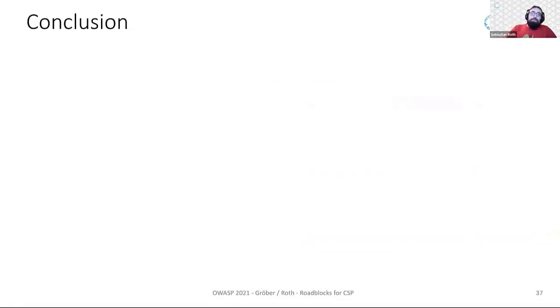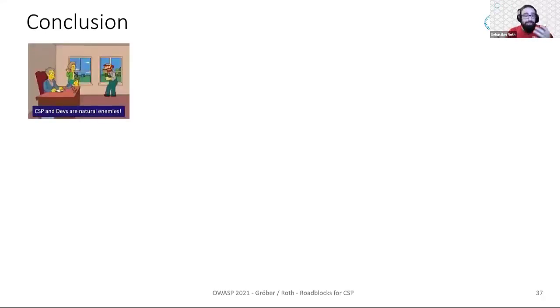So what have we seen in the last 40 minutes? Many CSPs deployed in the wild are trivially bypassable. So it seems that CSP and developers are natural enemies. However, one big roadblock for sane CSP deployment are non-compliant third parties.